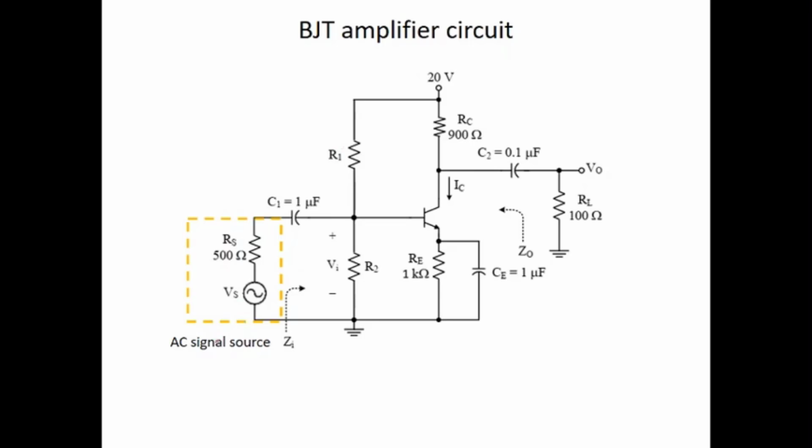So this is the AC signal source, and it is connected to the input of the amplifier. This is the input terminal of the amplifier, so here we have plus at this point with respect to the ground. This is VI, the input voltage.